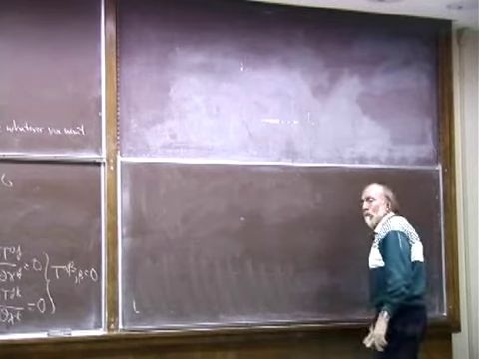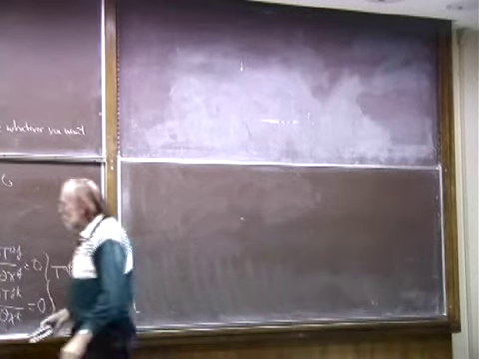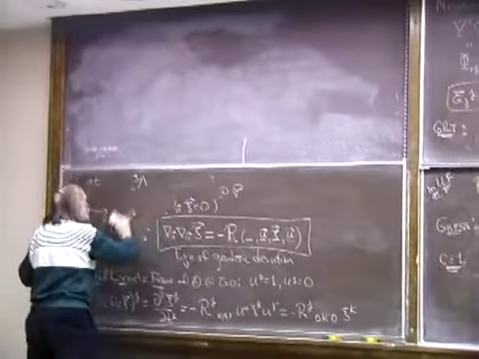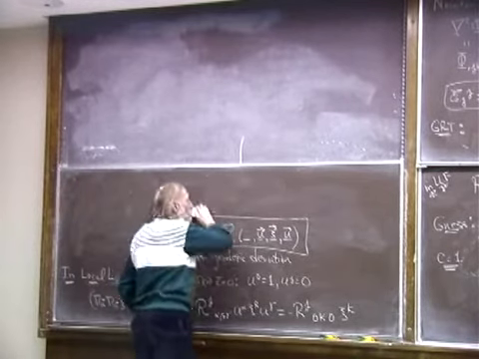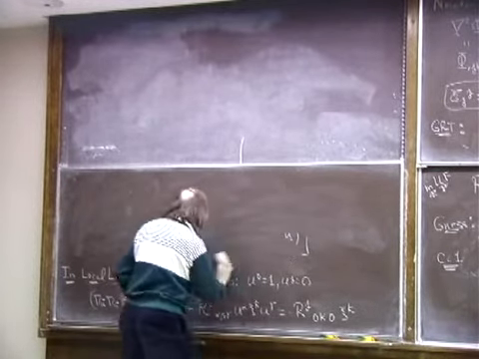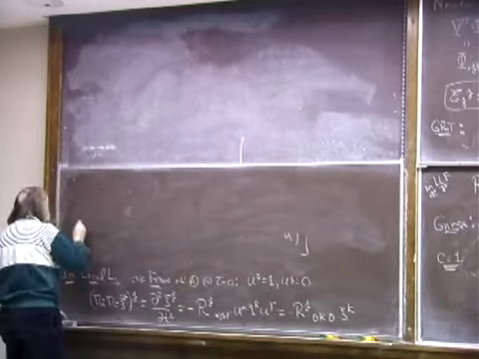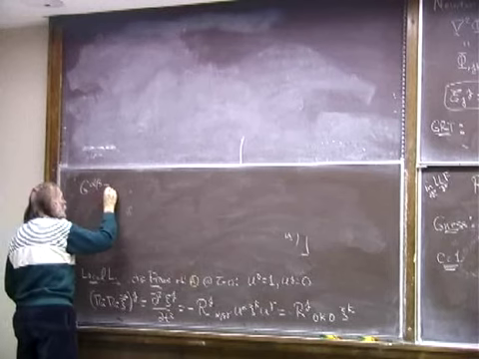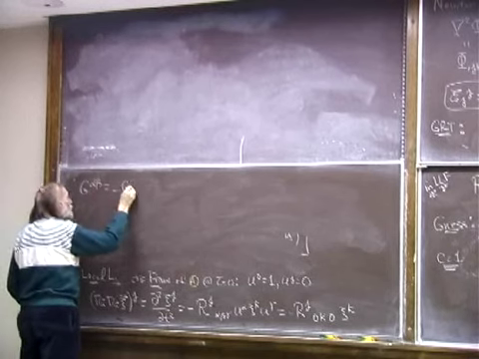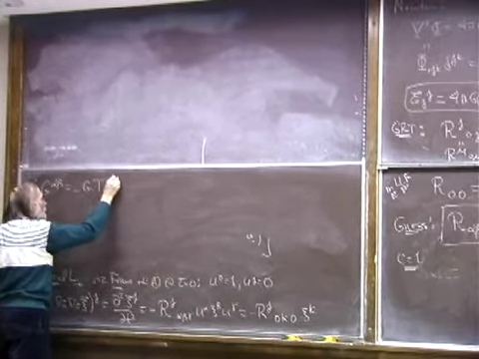So it seems quite reasonable to expect that the form of the Einstein equations will be the following: that G^{αβ} is equal to something times G times T^{αβ}.